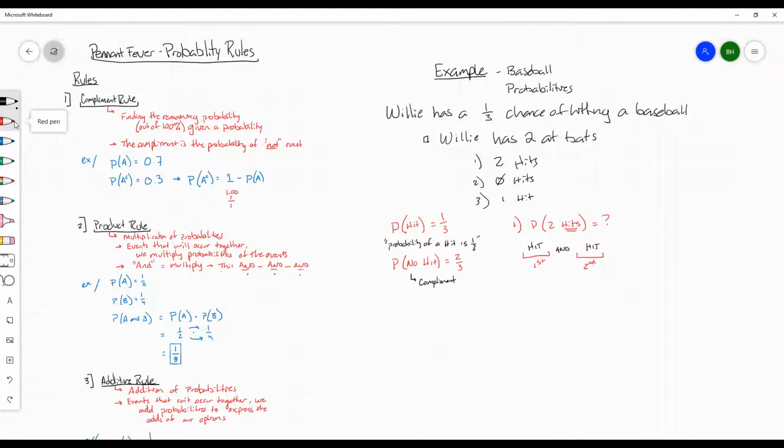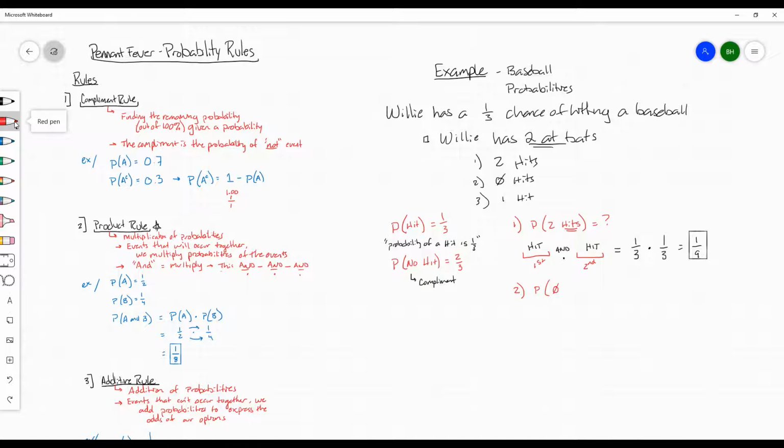There's no other combination of him getting 2 hits in this game, given that he only has 2 at-bats. So this would be 1/3 times 1/3, the product rule, which gives us a probability of 1/9. There's a 1 out of 9 chance that Willie will get 2 hits in a game. By using the product rule, we can see that he needs a hit his first at-bat and another hit his second at-bat.